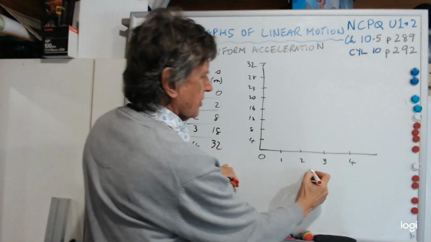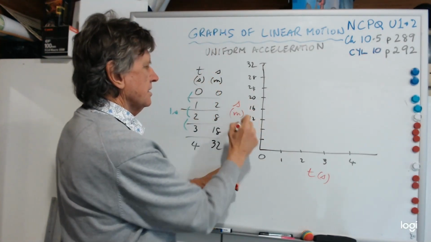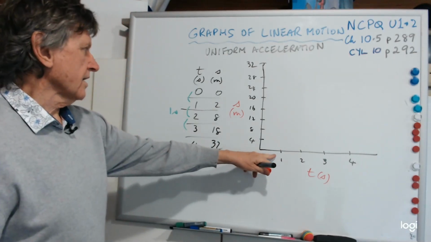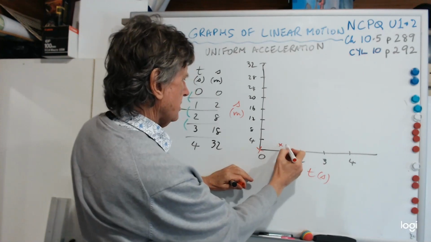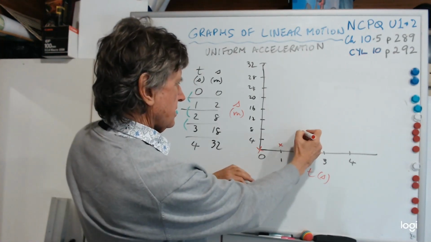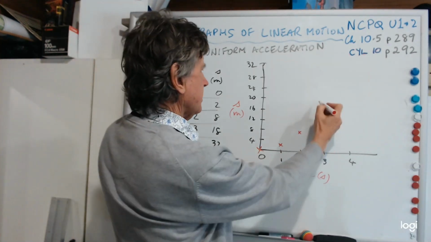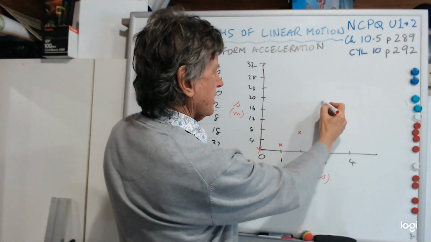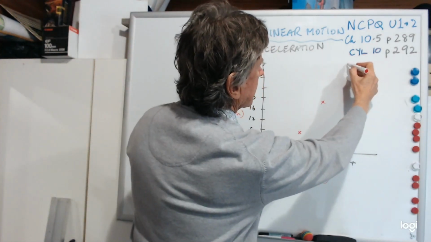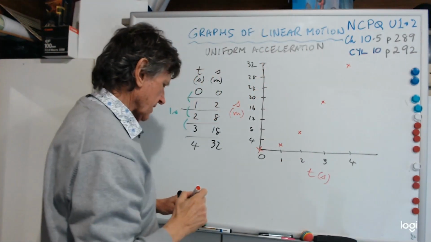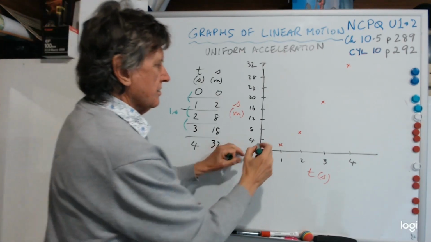Now this is time in seconds, and this is displacement in meters. Okay, 0, 0, 1 it's at 2, 2 seconds it's at 8, that's about there, 3 seconds it's at 18, which is around about there, and 4 seconds at 32. So I can't really get there, but somewhere like that. Now if you look at that, you join all that together, we get this.